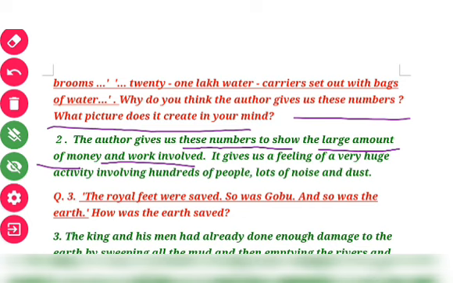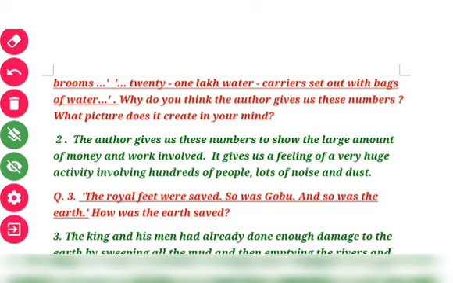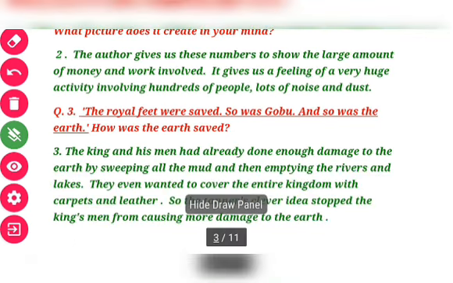If the king applied these suggestions, it would require a large amount of money and work, and many working people. They need time, money and many things. So it gives us a feeling of a very huge activity involving hundreds of people, lots of noise and dust. So that was the flaw. Next question.